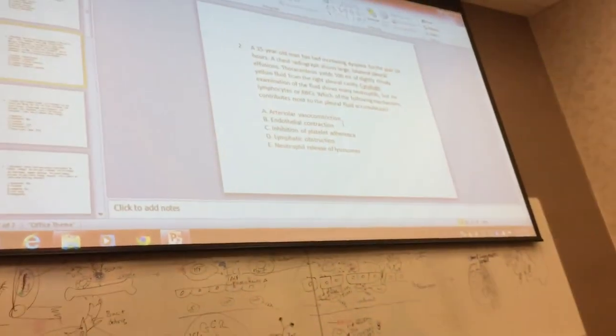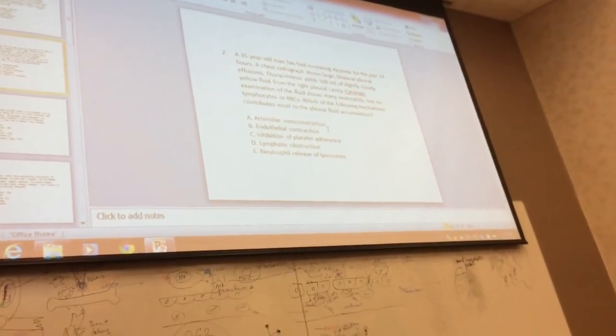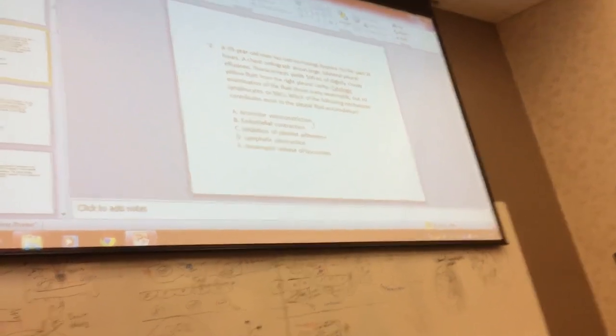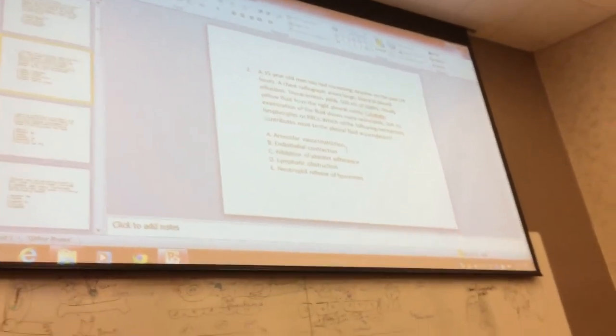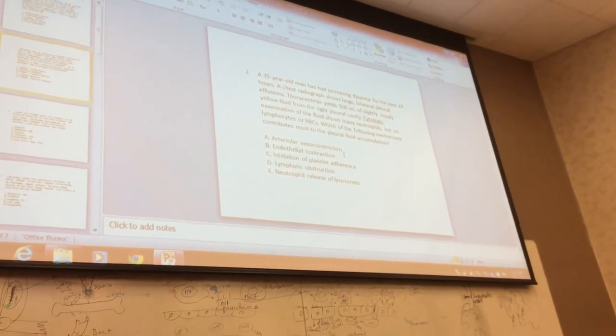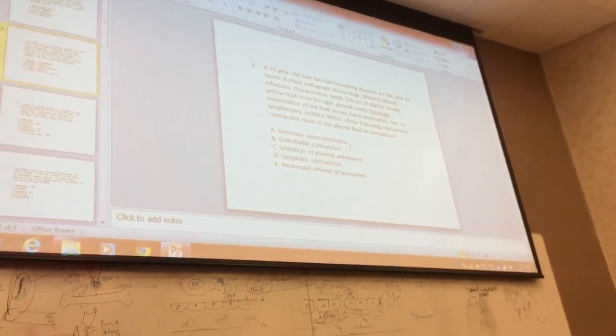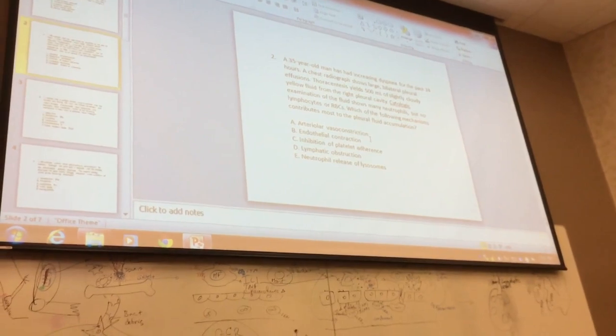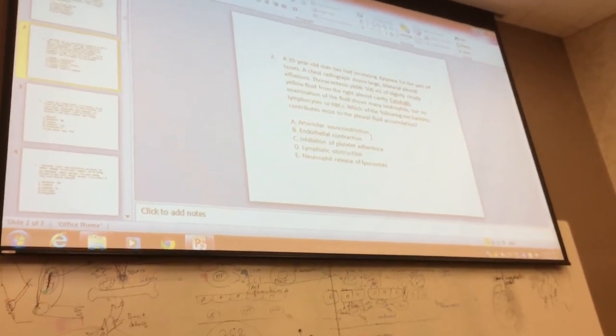I guess you have to make the jump: this is an exudate, so that's because of inflammation, and inflammation is associated with vascular permeability, and vascular permeability results from endothelial cell contraction. There are many jumps, but you just have to follow the trail.